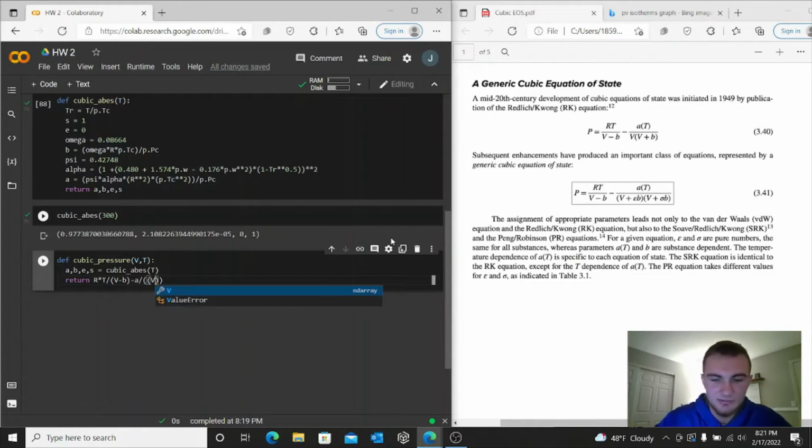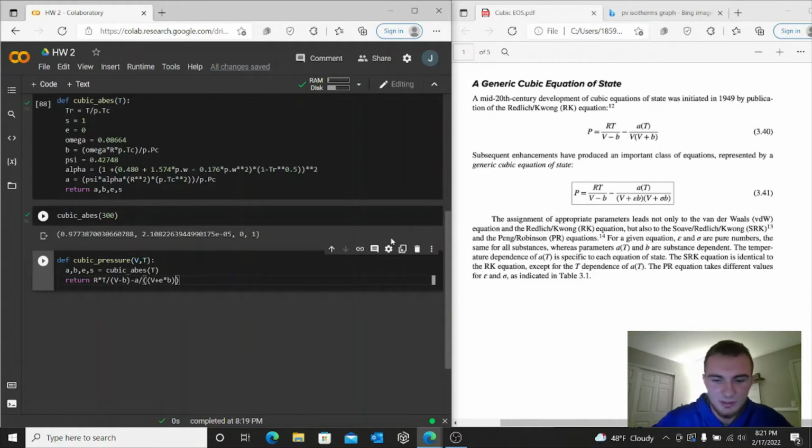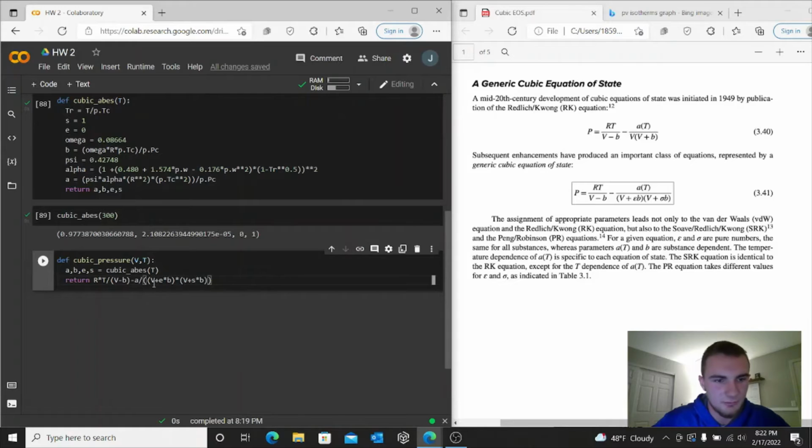So we'll have V plus epsilon times the excluded volume, B. And this will be multiplied by V plus sigma times our excluded volume, which is B. Okay, so our parentheses match up there. We should be good to go.